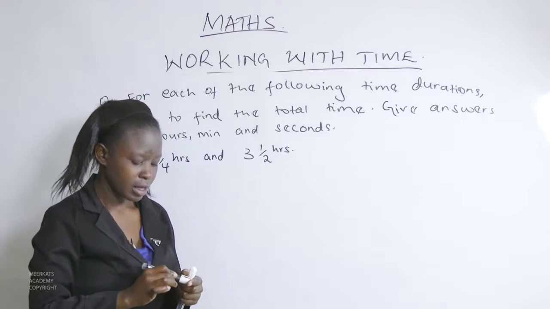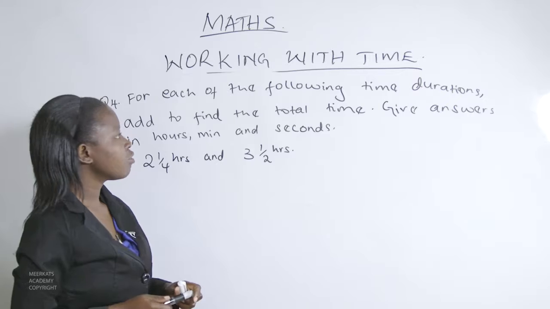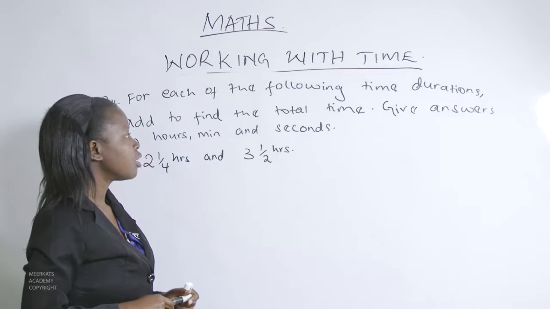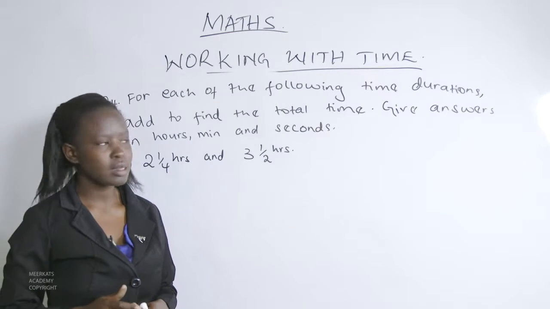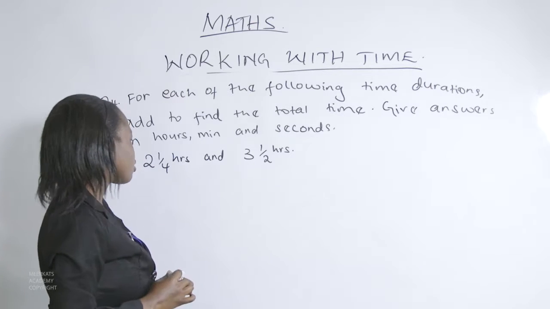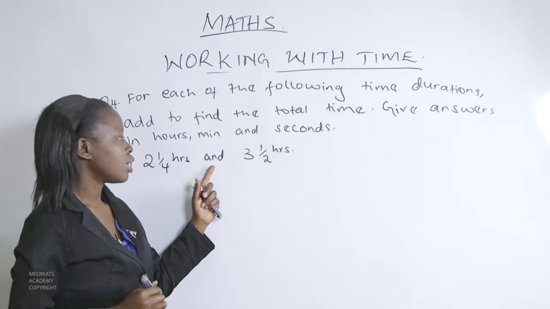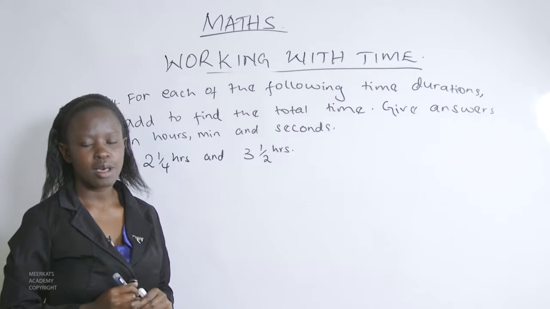So the other question that we need to solve, we've been given the time durations, then we need to add to get the total time in each case. So the first case, we have 2.25 hours and 3.5 hours.